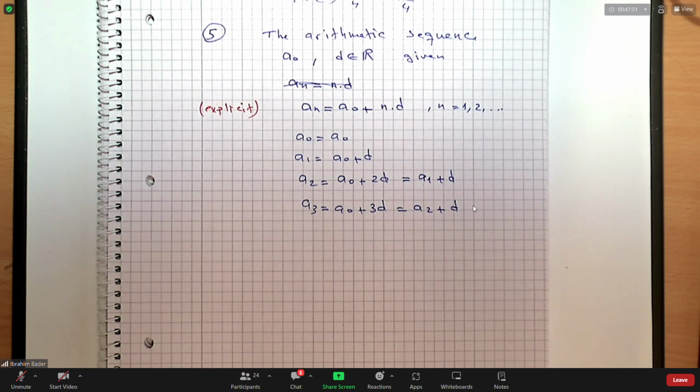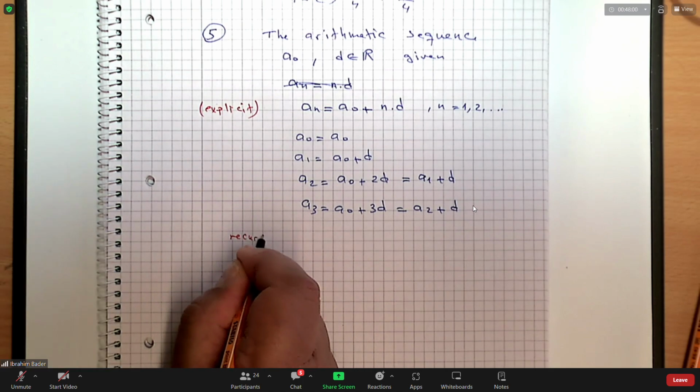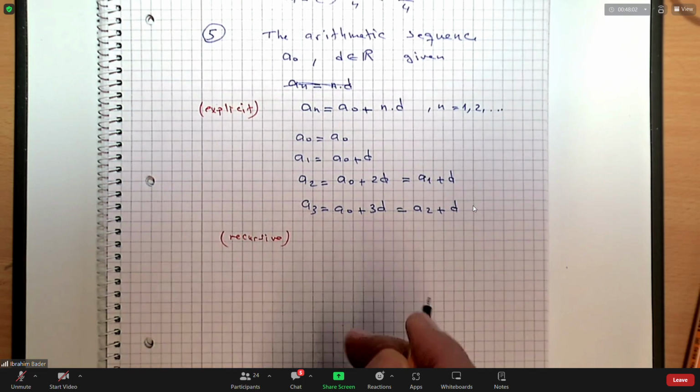Okay, so now that we defined it explicitly, how can we generate the recursive formula for this? As you see here, look at this one.